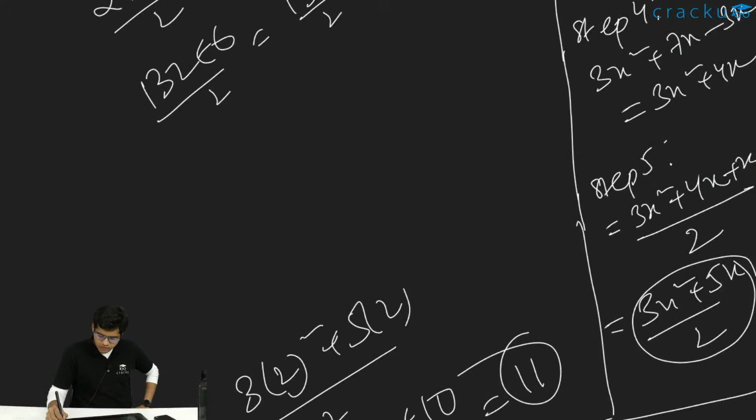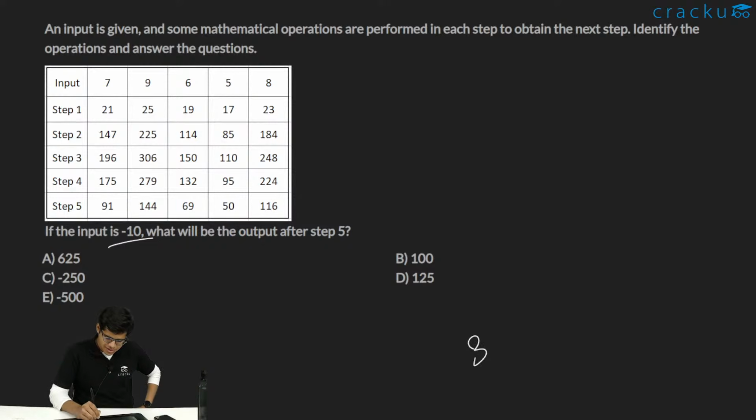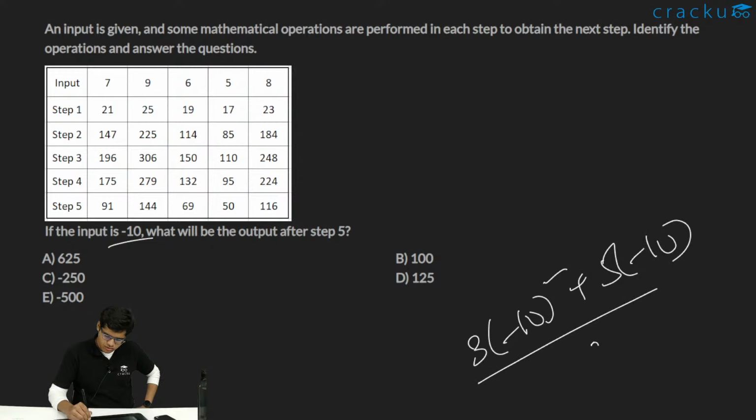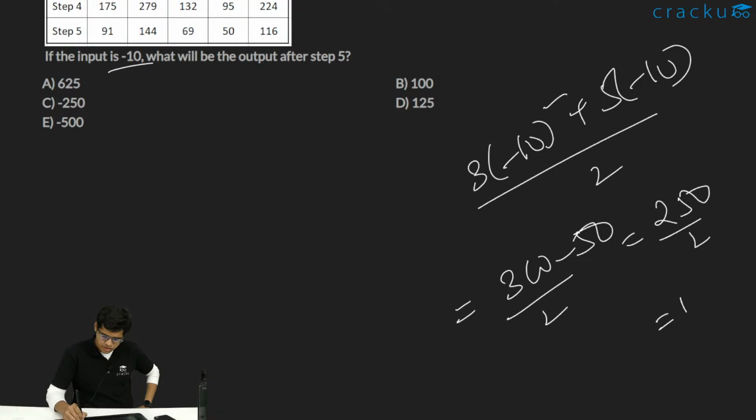It is 3 into minus 10 square plus 5 into minus 10, by 2. So it is 300 minus 50 by 2, which is 250 by 2, which is 125. So the correct answer is option D, 125.